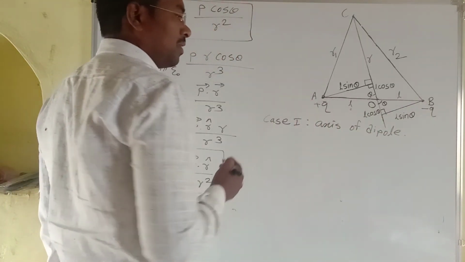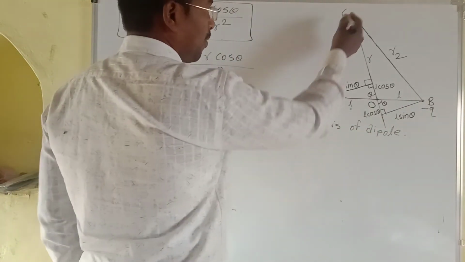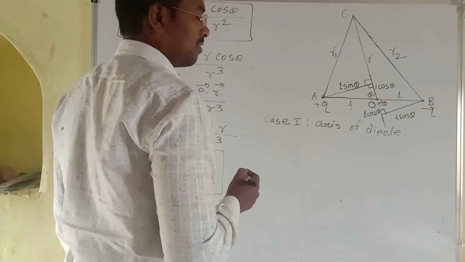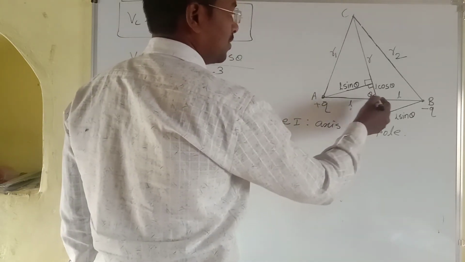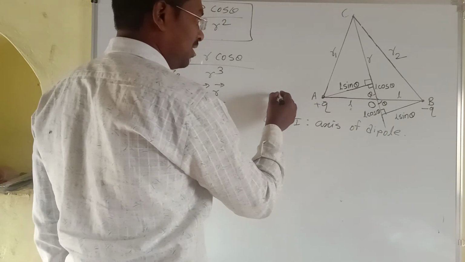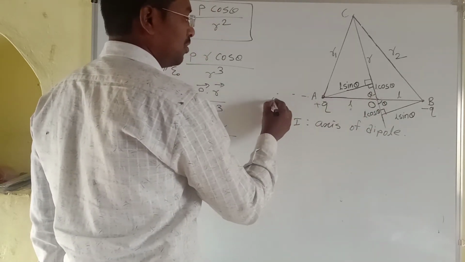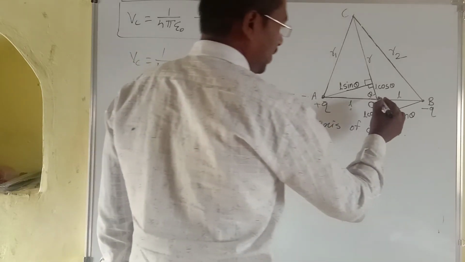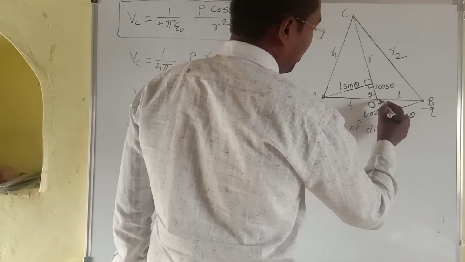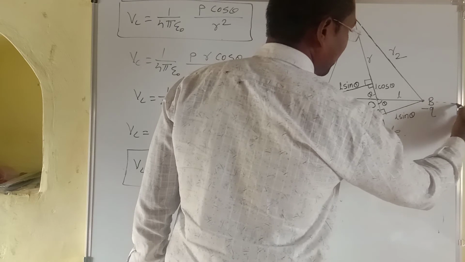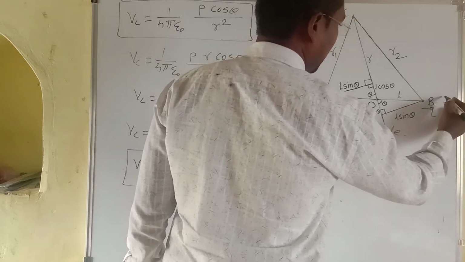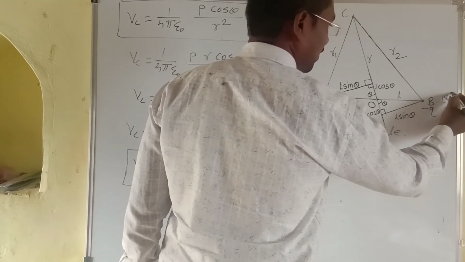Along the axis of the dipole, if we take point C along this line, the angle θ becomes 0 degree, or if we take that point C along this direction, then angle θ is 180 degree.